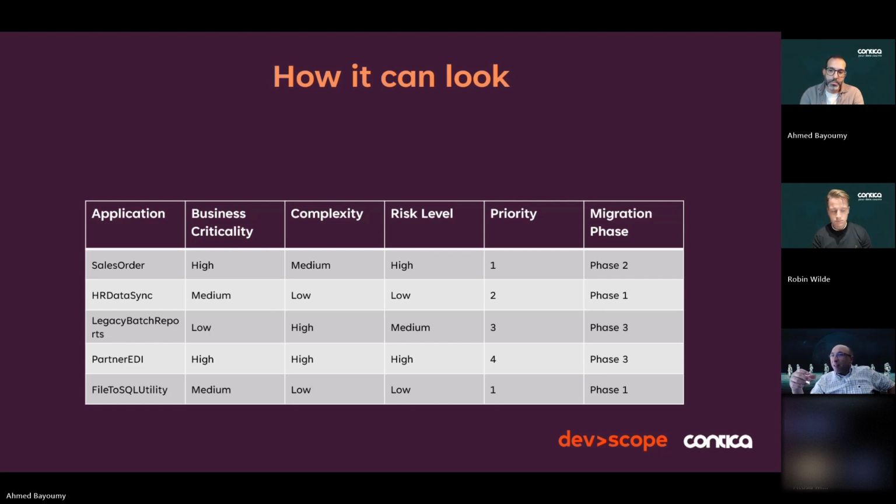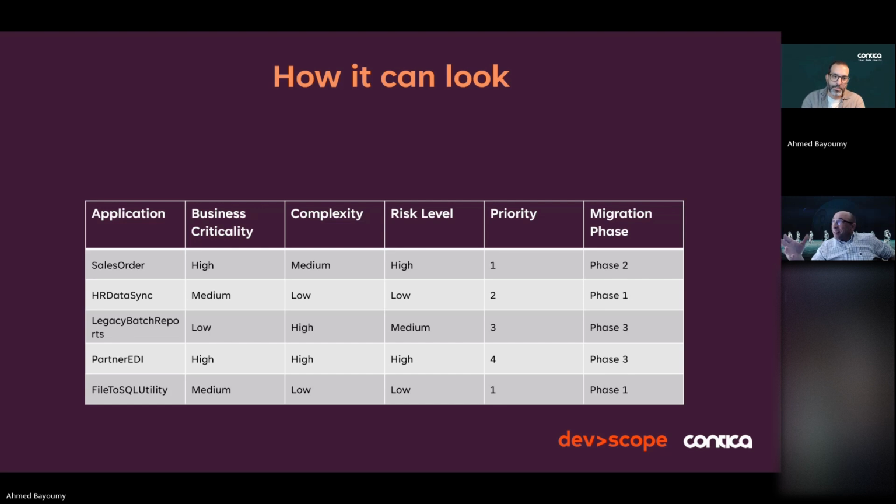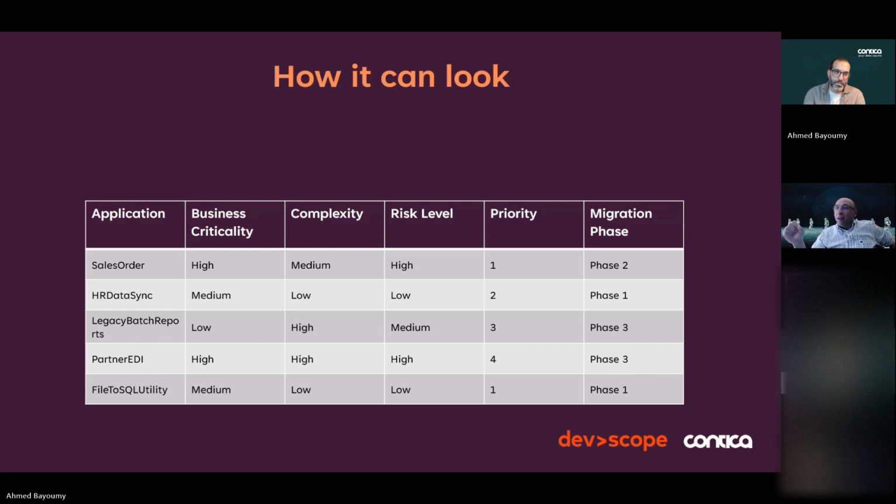Is the application business critical or not? Orders and sales are critical. They deal with money. Human resource sync data is not that critical. It doesn't impact the business, but it is still important. Don't get me wrong.